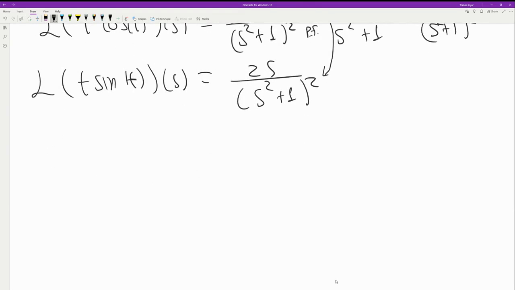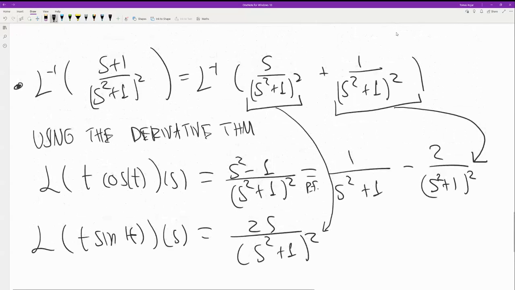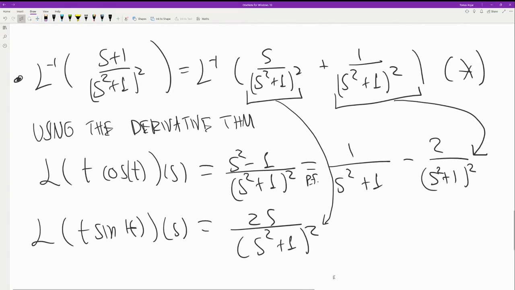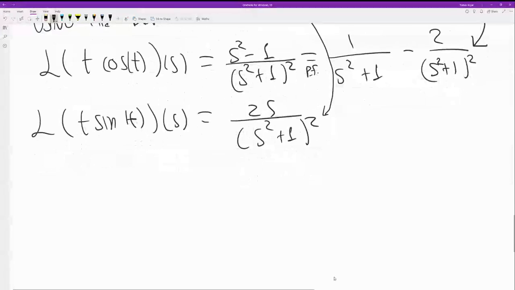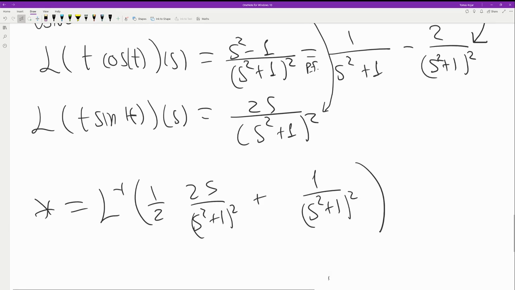I guess let me write star to call this. So star is equal to the Laplace inverse of a half times 2s over (s squared plus 1) squared, and then it was 1 over (s squared plus 1) squared.